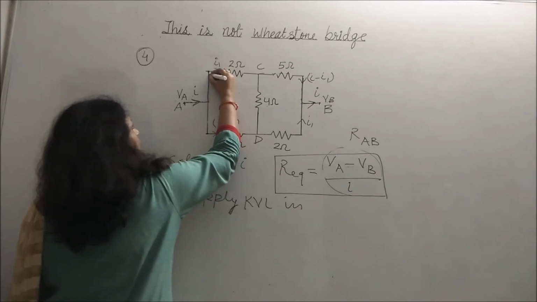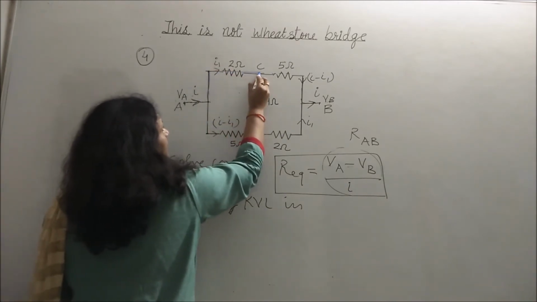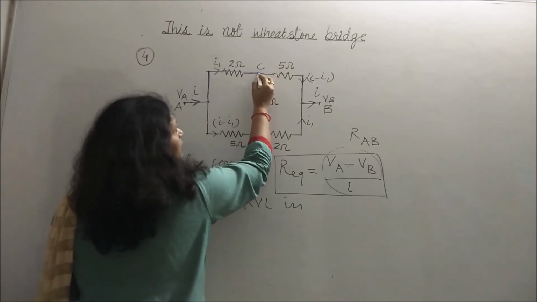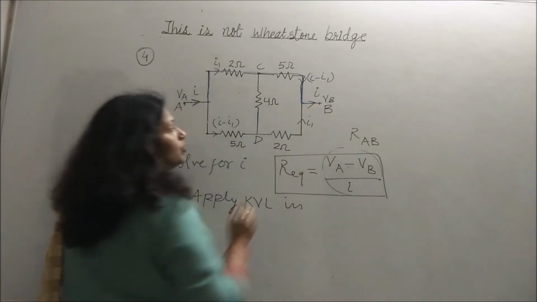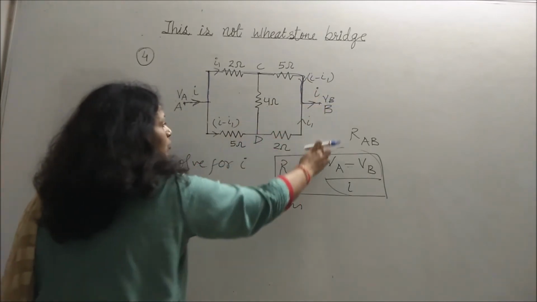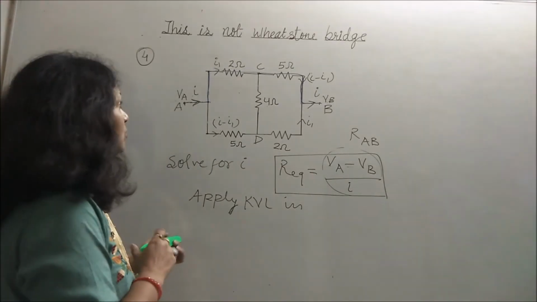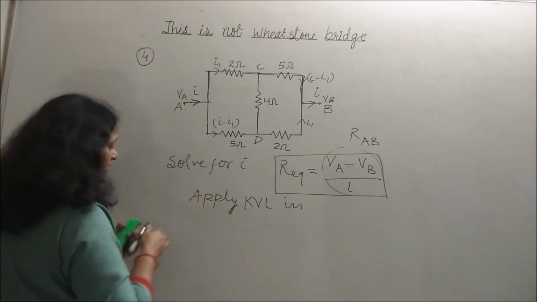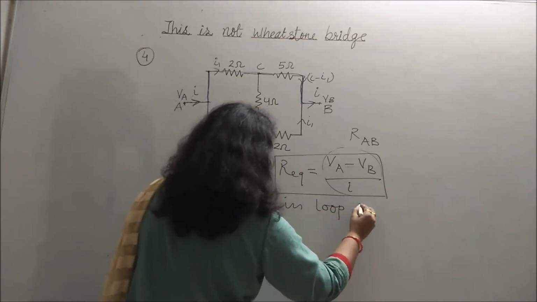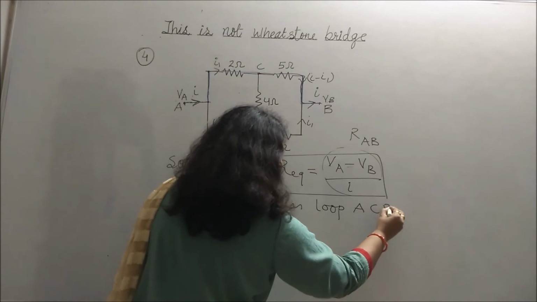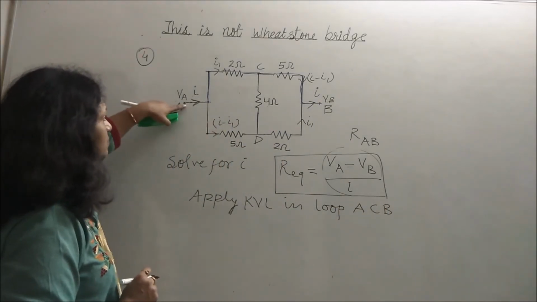In the loop that is starting from node A, passing through node C and coming back to node B. This is a complete loop because it is connected here with a battery. So we will first apply KVL in loop A to C and to B. This is our path. So start from this point.